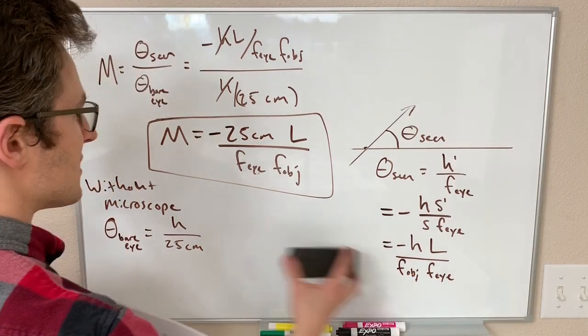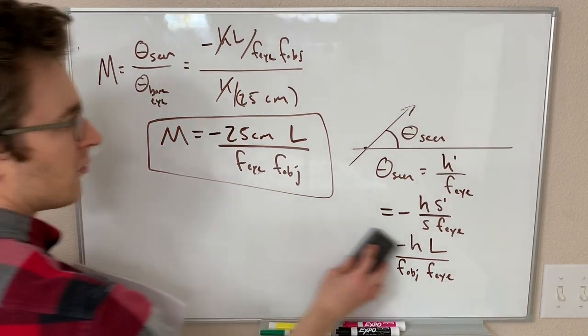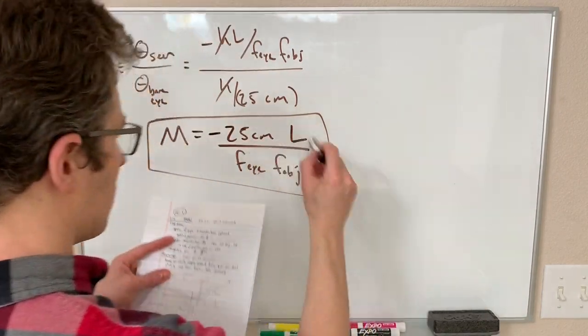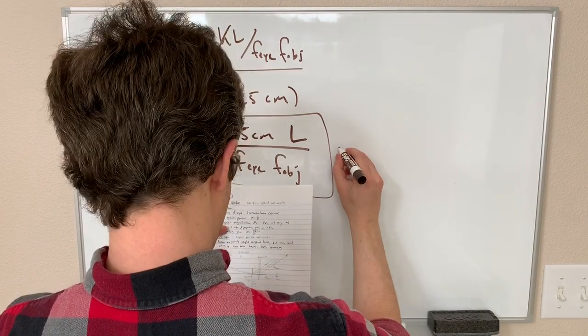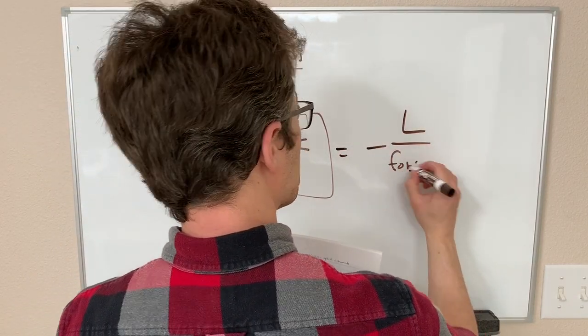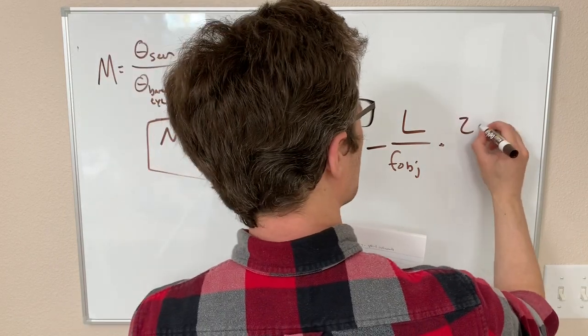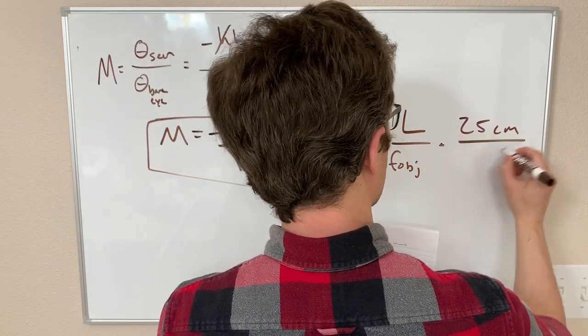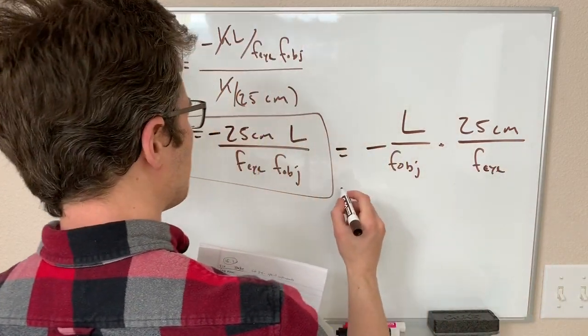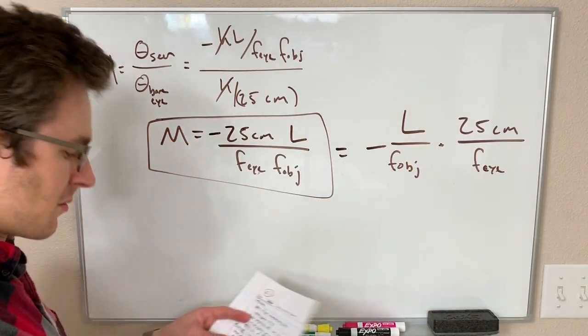I'm going to rewrite this slightly for reasons you will see in a second. So we will rewrite this, just rearranging these variables as minus L over the objective focal length times 25 centimeters over the eyepiece focal length. So this is just rearranging this in terms of algebra.